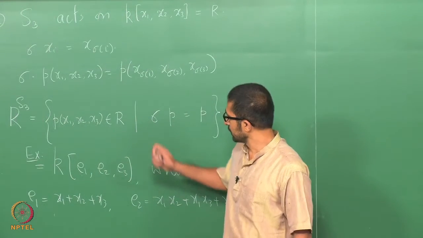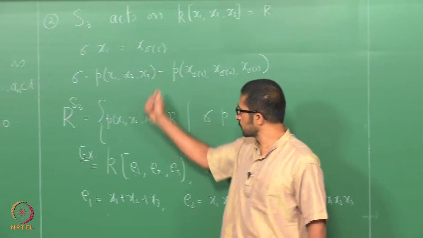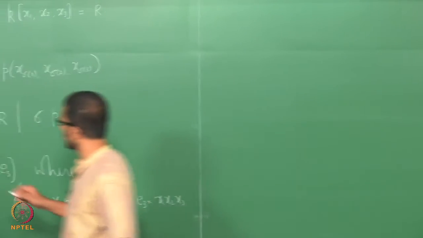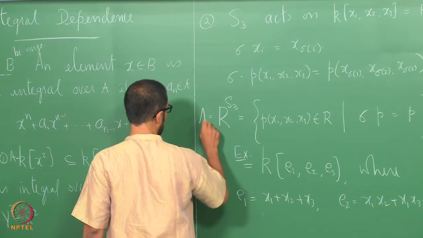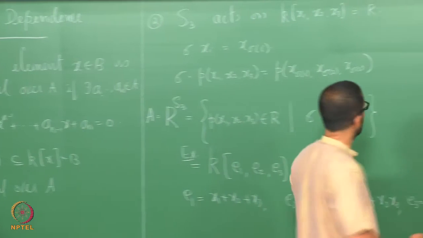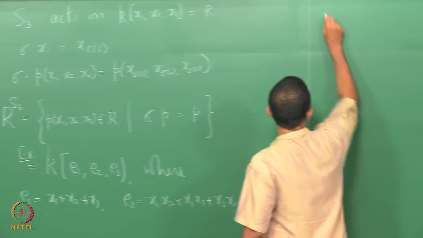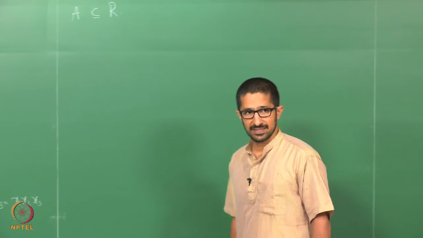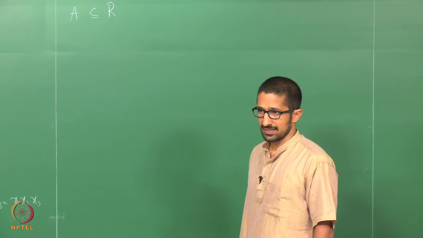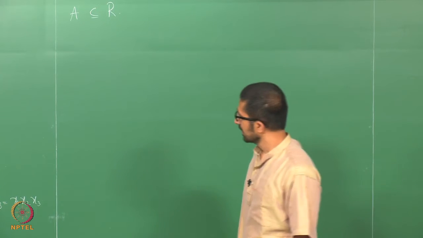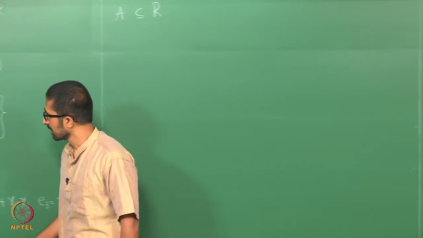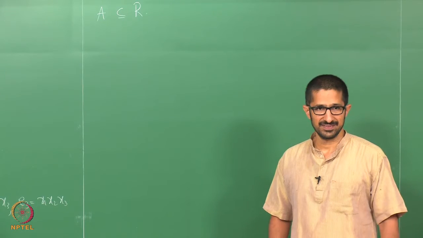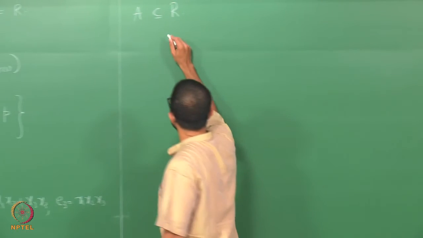Now can you see that x1 is integral over, so let me call this A. Okay. And so now we have A contained in R. Can you tell me whether x1 is integral over A?